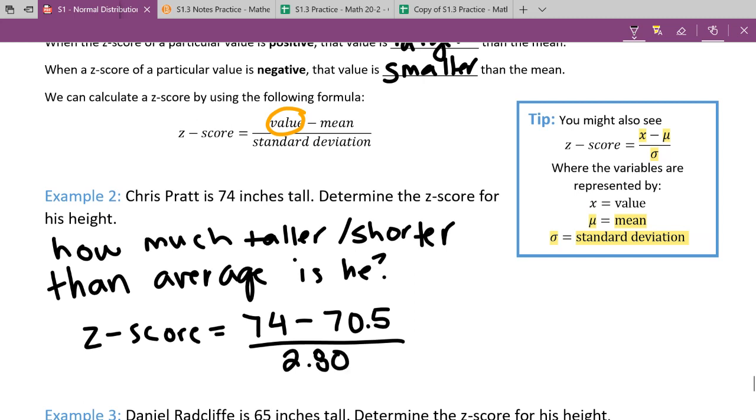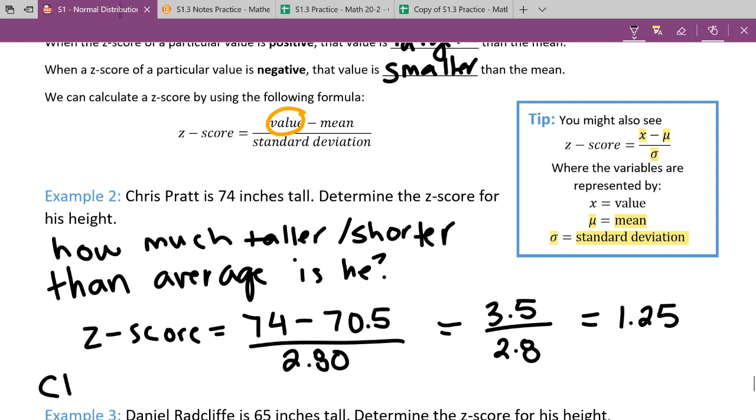So I do the math. 74 minus 70.5 gives me 3.5. When we divide that by 2.8, that gives us 1.25. So what does that tell us?